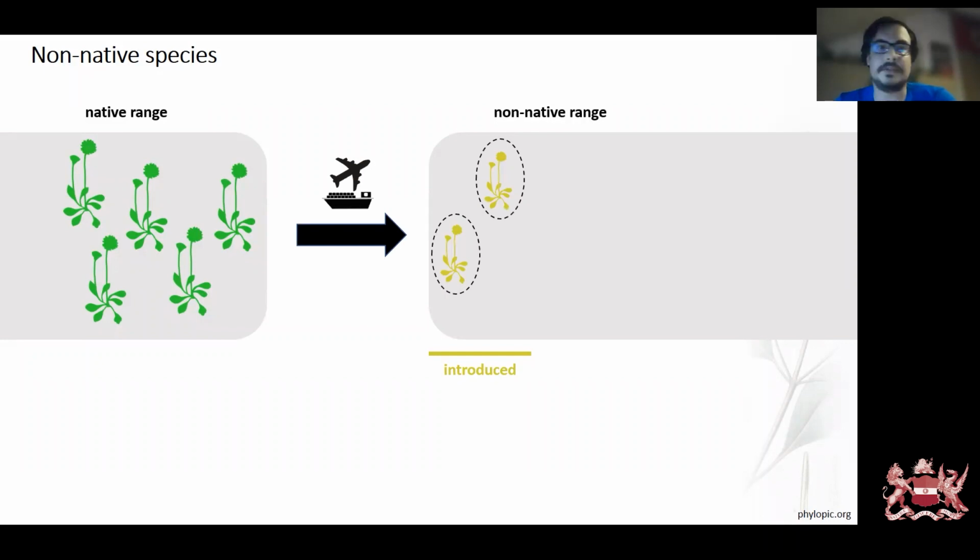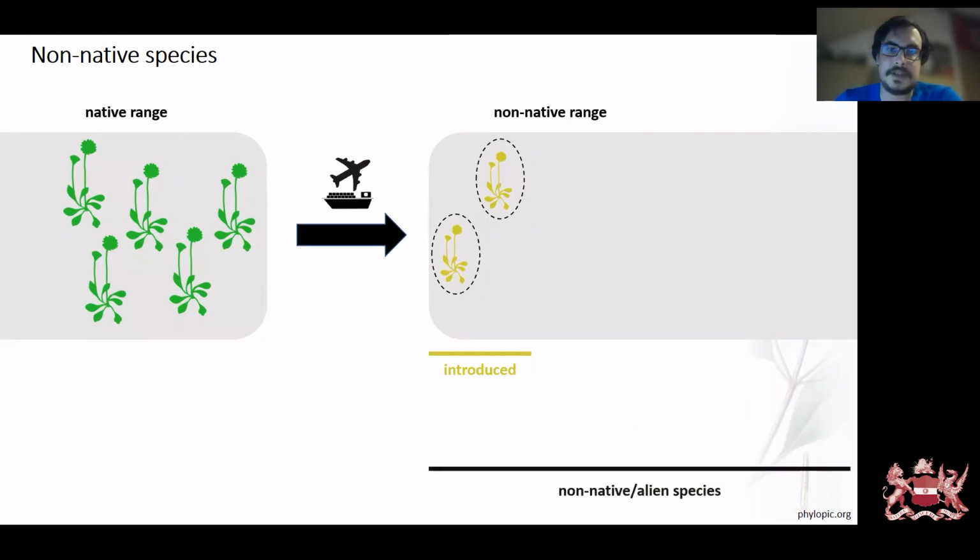We call it then in the first stage an introduced non-native species, which are generally those that are not able to survive without care or that do not reproduce in the wild. So often these are horticultural plants that are not winter hardy, species in parks, public green spaces, those that might be there for a while but then disappear on their own.